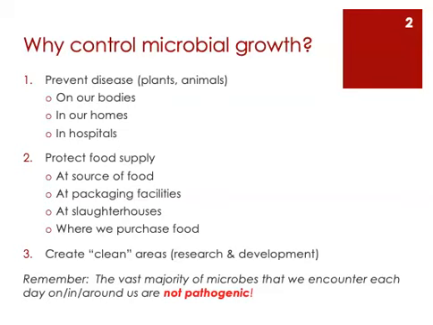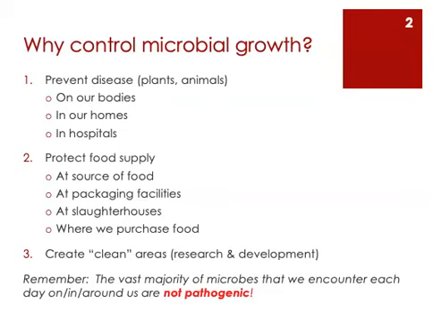A second reason that we might want to control the growth of microbes is to protect our food supply. We haven't talked much about the impact of pathogenic microbes on foodborne diseases. But it is an important area that impacts our health every day. We need to be able to protect our food at the source.